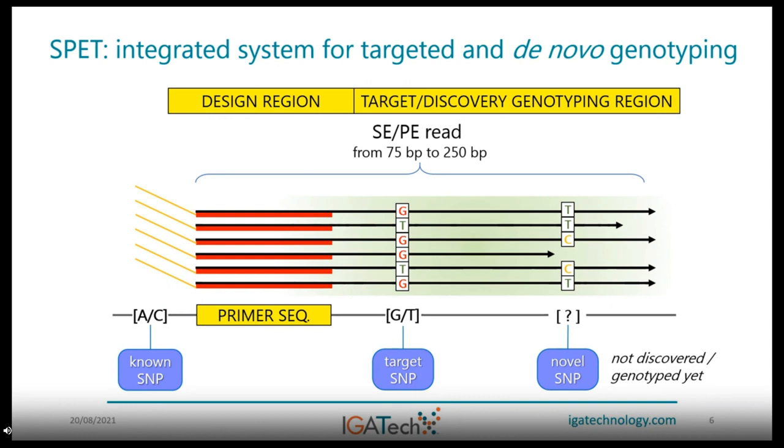That's why the technology is called SPET, single primer extension technology. And so those extensions will generate template molecules that are then going to be sequenced. And as you can see in the picture, you're going to extend over the target site, but you can also discover new sites that were not known before.